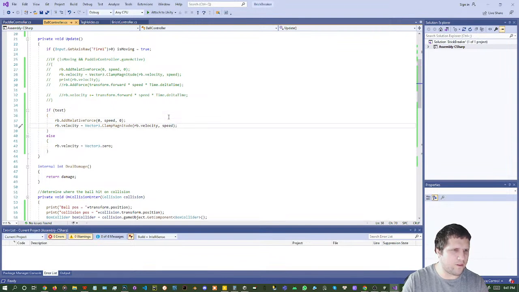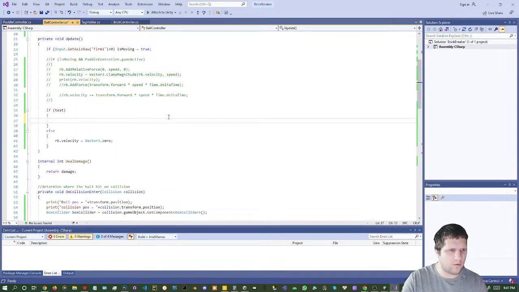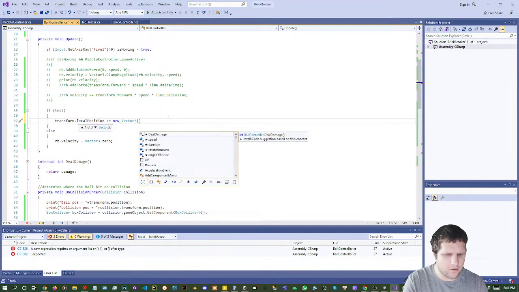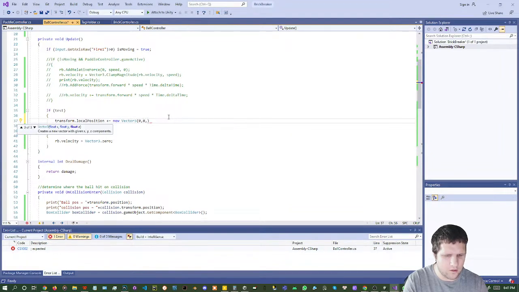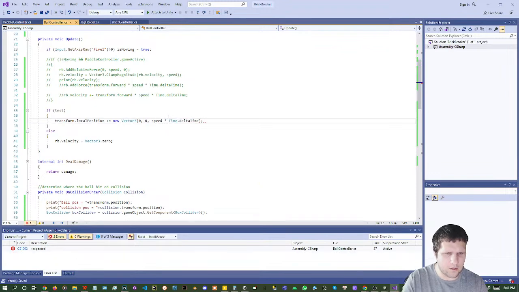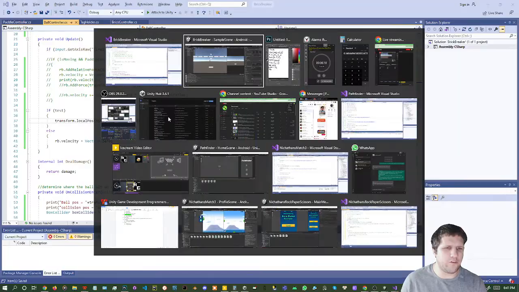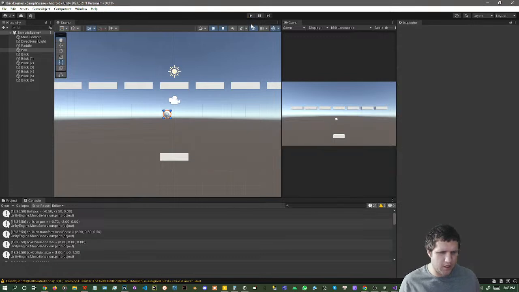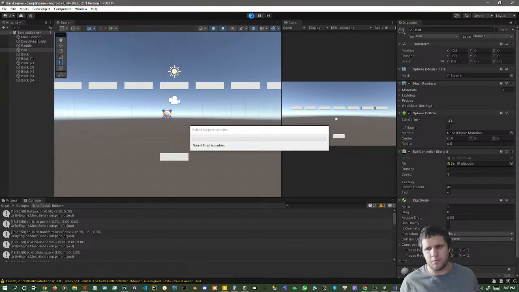Then instead of this, what if I say transform dot local position plus equals a new vector 3 of 0, 0, speed times time dot delta time. Will that move it forward in a straight line? Because I think our rigid body is messing with our calculations.